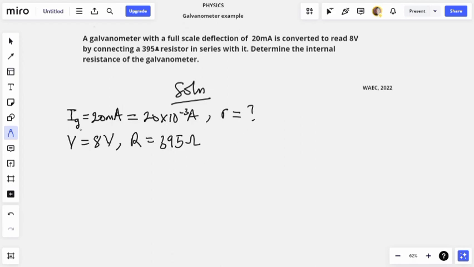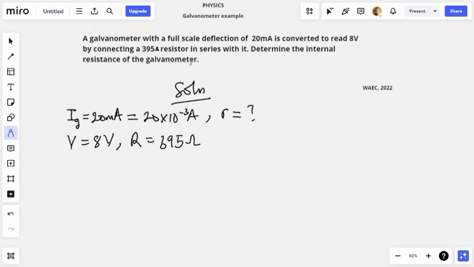Having listed out your parameters, the next thing to do is to find the formula or concept suited for the question. Here they are talking about a galvanometer that is converted to read a voltage.